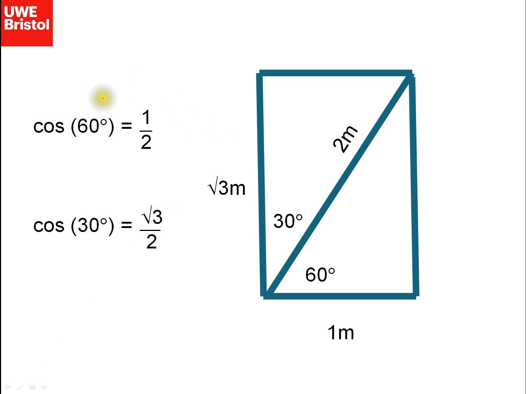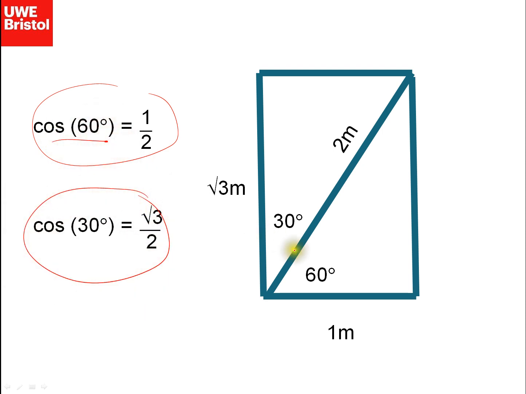The other stuff we want to look at, so we've done our lengths, and the other thing we could look at is our trig. So cos 60, what does cos 60 mean? Well, if I ever see cos 60 in my equation, I want to do the adjacent divided by the hypotenuse.